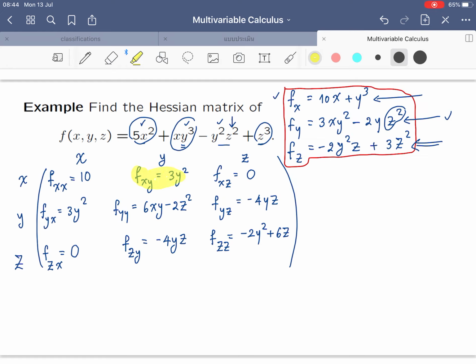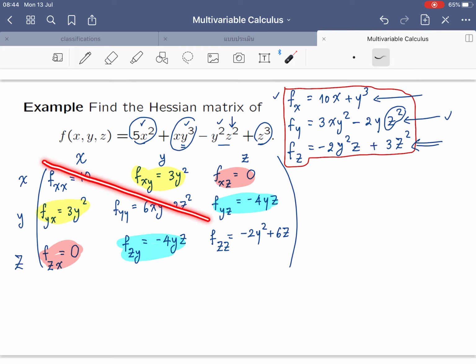Can you notice which ones will usually be equal? You see, f sub xy and f sub yx, they'll be equal. F sub xz and f sub zx, they'll be equal. And of course f sub yz and f sub zy, they'll be equal. So it looks like the main diagonal is a mirror, and all these 3 pairs are equal, mirroring like this.